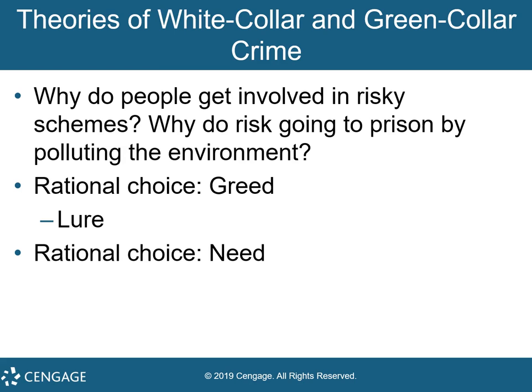So, why do people get involved in these types of risky schemes? Why risk going to prison by polluting the environment? Well, there are some rational choice things that come into play here, and it's kind of cool to talk about that from past chapters. So why do people do this? Can the same factors that predict other types of criminal offenses also apply to the kinds of crimes that we're talking about now?